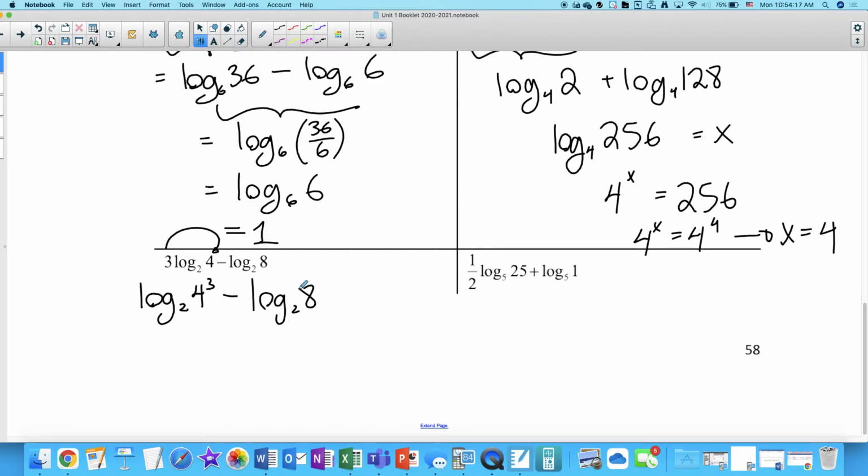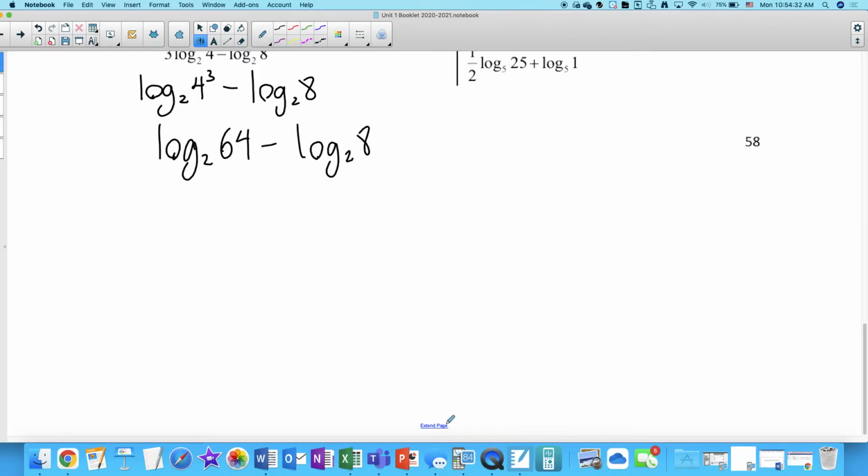Yep. And then we can do our division. So 64 over 8 is 8. I don't necessarily need to see every step. A lot of people can do 64 over 8 in their head, right? So that's 8. And then here, 2 to what exponent equals 8? 3, yeah.